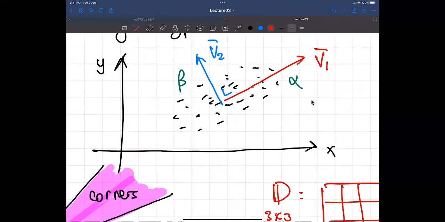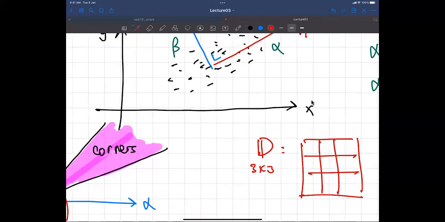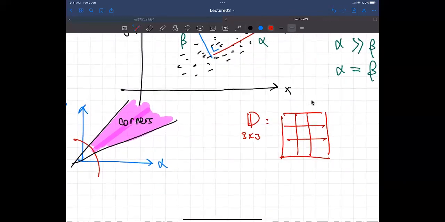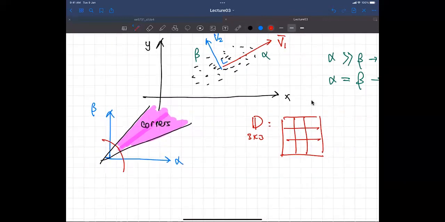But the absolute value of alpha and beta is not really important. The most important thing is the ratio between alpha and beta. If we know the ratio, we know whether this is a corner or an edge.